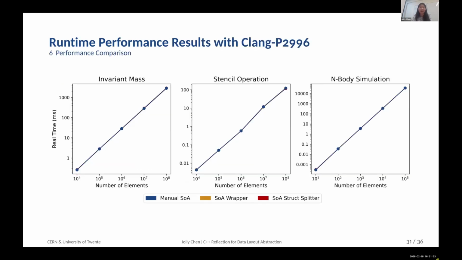And indeed, I can probably go very quickly through these slides because these plots show on the x-axis different input sizes and on the y-axis the runtime. I have a different color for the different versions, but you can only see one color because they are all overlapping, which shows that indeed there's no runtime change due to the abstraction. And the same for the version with token injection.